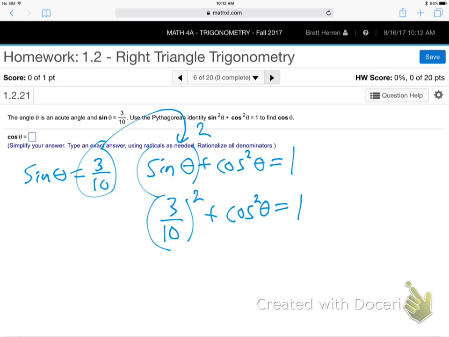And so now we just work it out to solve for cosine. So how do we square the 3/10? Square the 3, square the 10, right? 3 times 3 is 9, 10 times 10 is 100. We good so far?